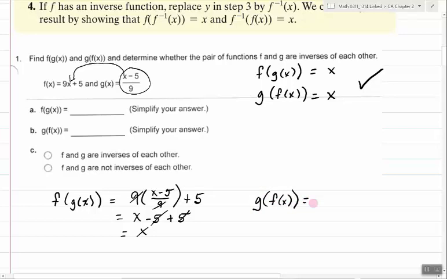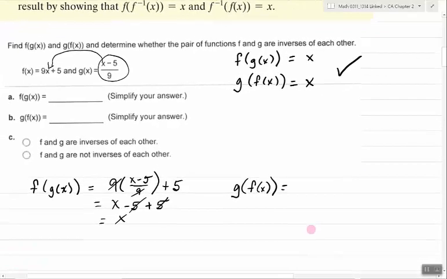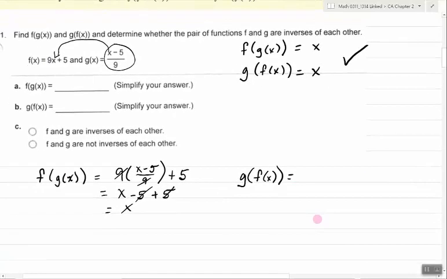From our exercises on composition, I hope you remember that it is not a commutative operation. F of g of x is not usually the same as g of f of x, unless they're inverses, and in that case, they are equal and they always equal x.